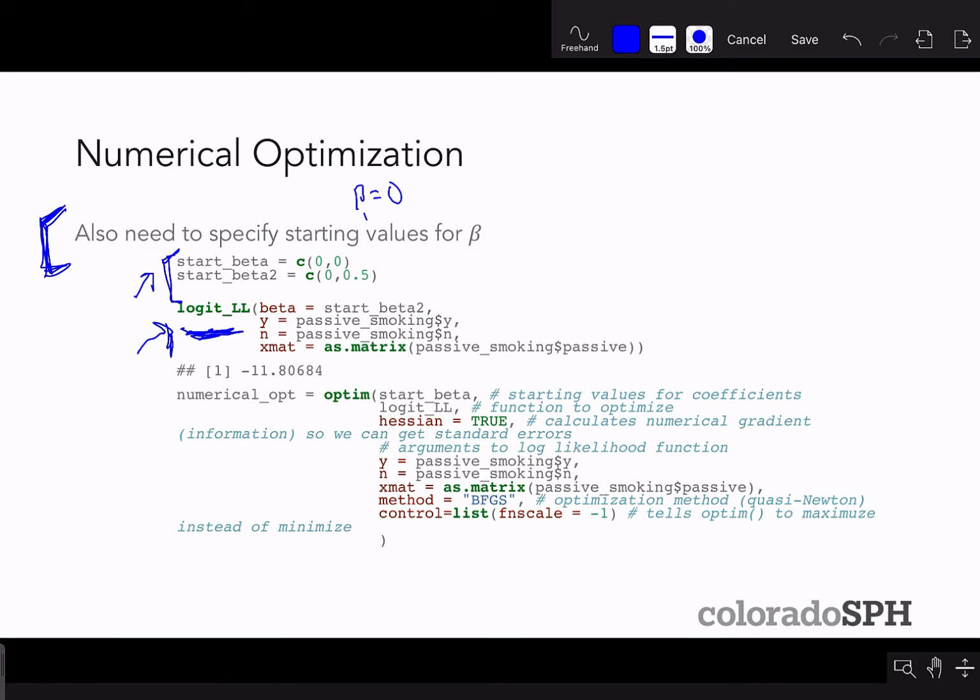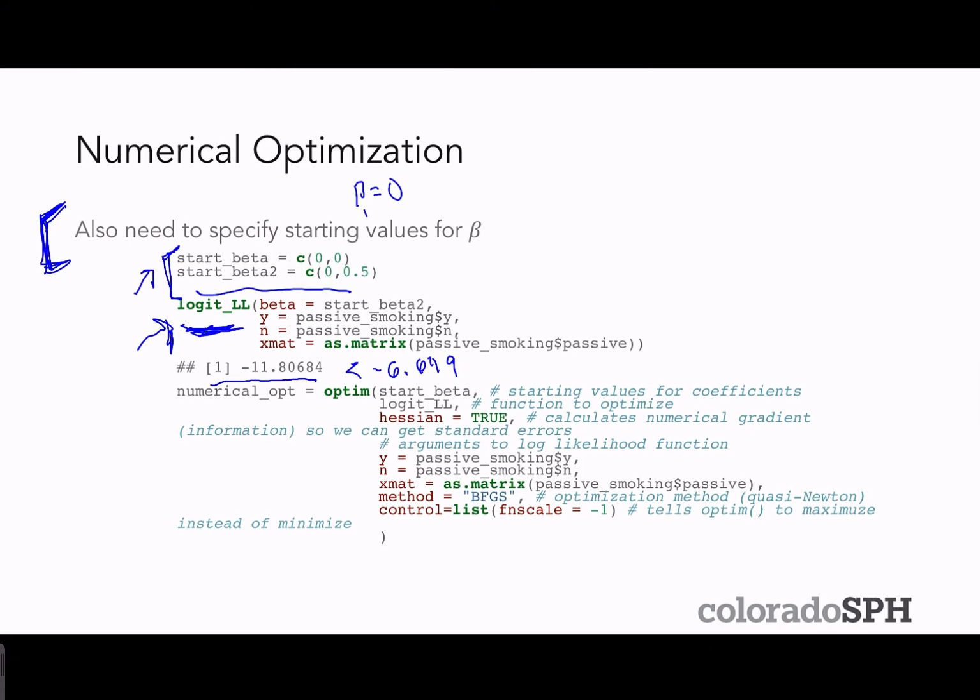Here I've plugged in estimates of 0 and 0.5 for beta 0 and beta 1, and that gives us a log likelihood value of negative 11.8, which is less than negative 6.649, which is the value we get when we plug in the MLEs. So that's good. That checks our understanding of what it means to be the log likelihood.